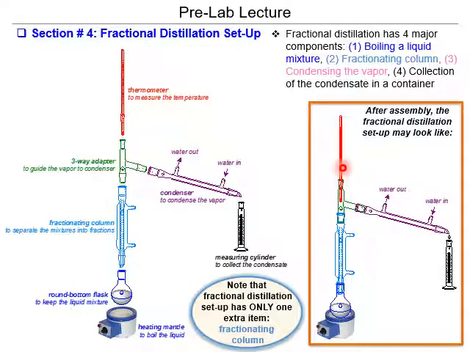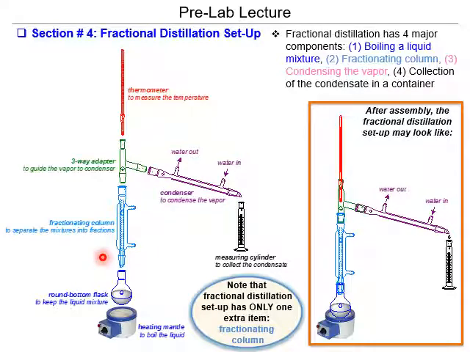Now, about fractional distillation. For fractional distillation, we again have the three major steps exactly the same as simple distillation: boiling a liquid, condensing the vapor, and collecting. But here we have an extra step, a fractional column.